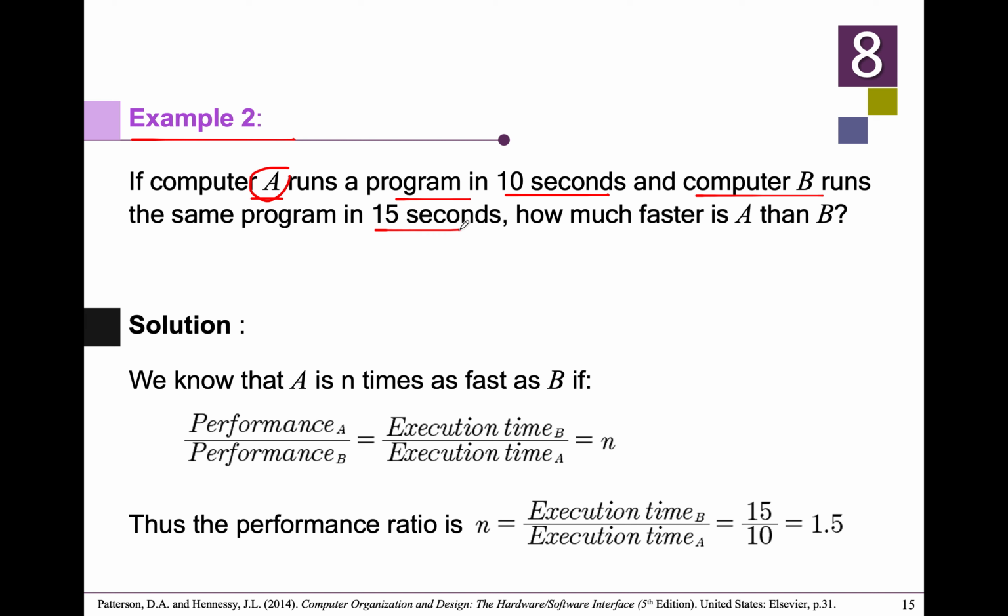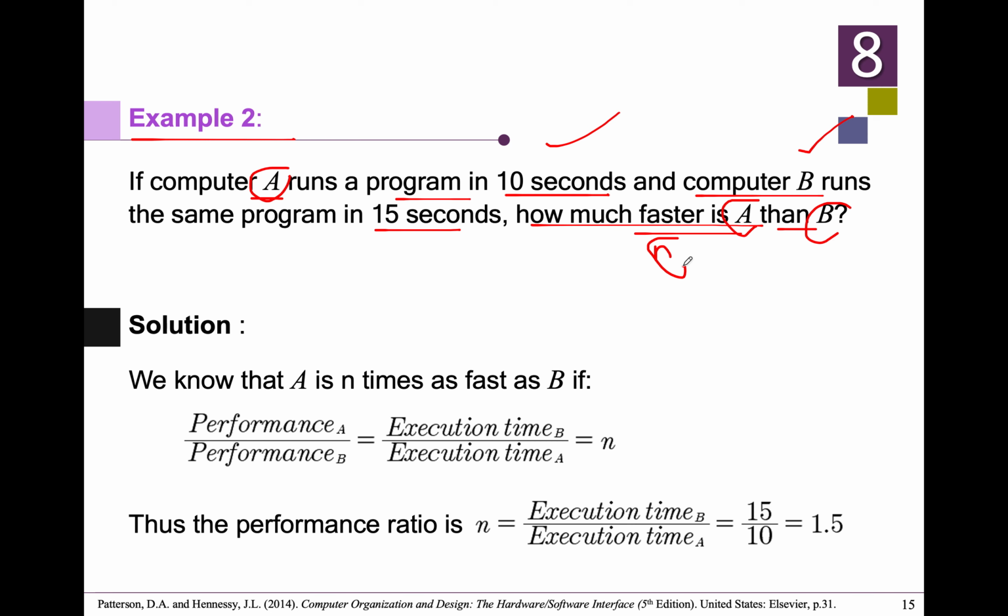So this is the performance of your computer A and computer B. So you're going to find out how much faster A is if you compare versus B. So you need to find the value of n.